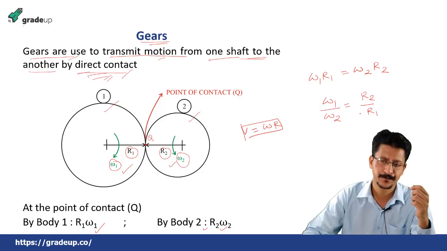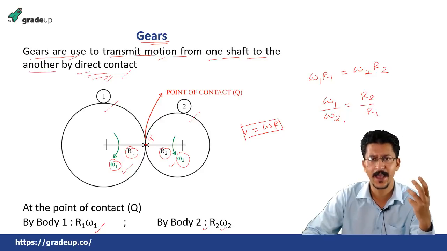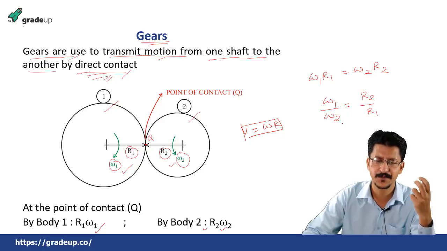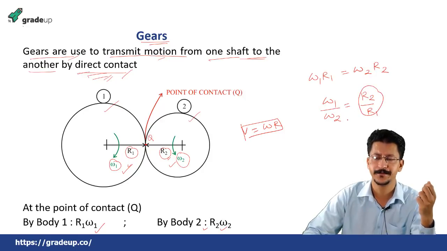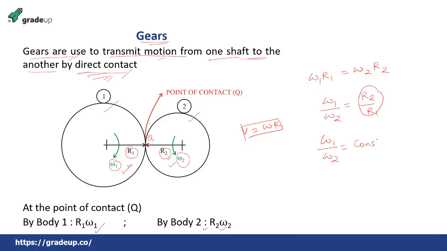And once a body has been designed or manufactured, r1 and r2 are not going to change, meaning this ratio is a constant. So eventually omega 1 by omega 2 also becomes constant.